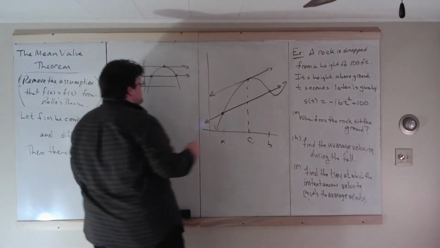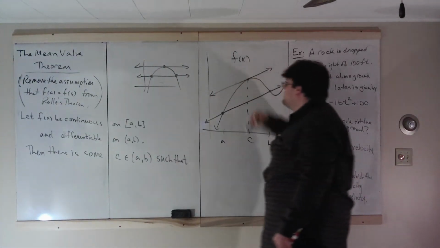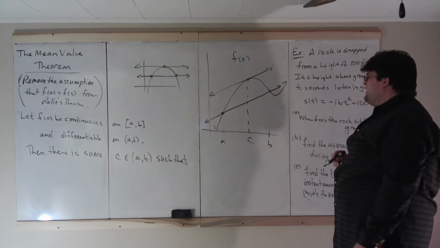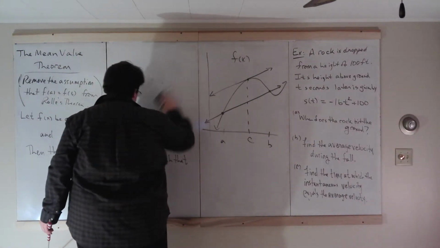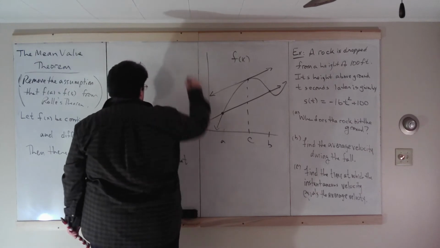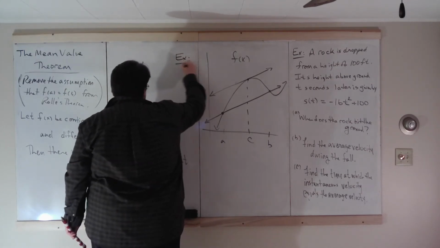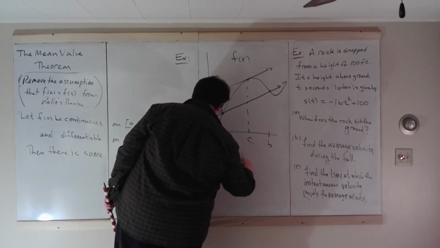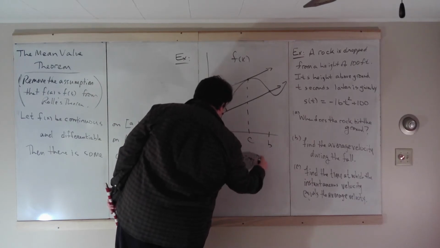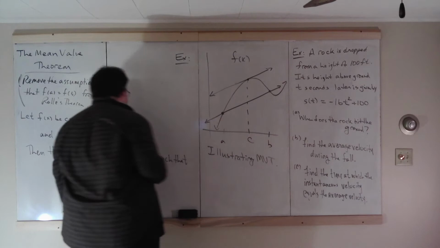Now, how do we turn that? Maybe I should call this example. Example illustrating the mean value theorem, commonly abbreviated MVT.